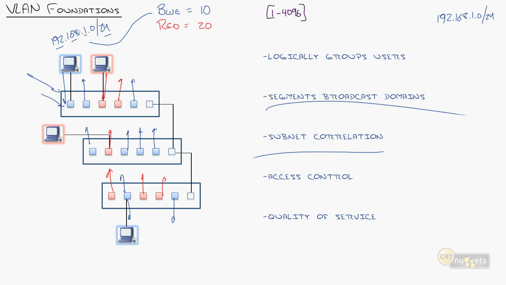So we say /24, but then the red VLAN is going to be 192.168.2.0/24. It has to be. It's a completely different subnet, a different network. So these guys are now in a completely different zone than these guys. They are completely segmented.